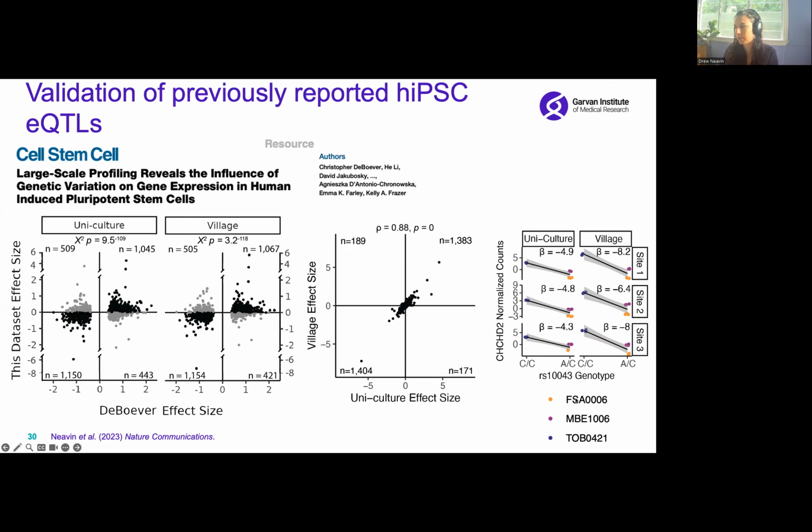And we do notice that the association is slightly stronger for our village samples, which might suggest that we're actually removing some of the micro-well effects that come into play when we're culturing the lines separately. And so it's able to remove that noise and allows us to identify stronger associations and probably more associations with weaker effects as well. So this is very reassuring that we can probably apply this kind of method for population genomic studies.